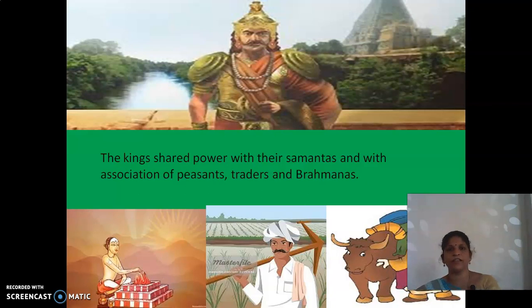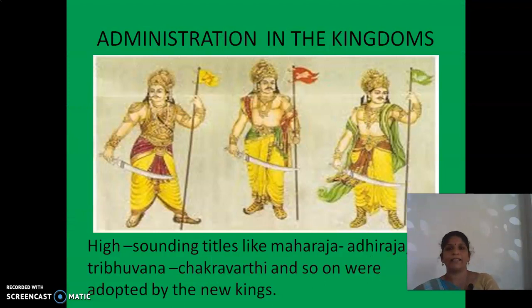Now the second topic is administration. In the administration, the king shared his power with the Samantas and the association of peasants, traders and also the Brahmanas. They were collecting the taxes. Who collects the taxes?